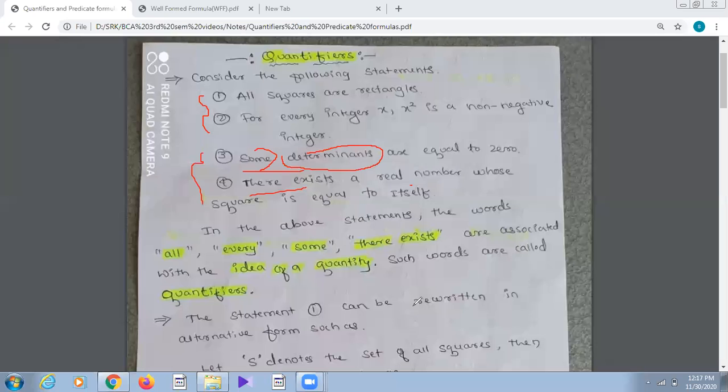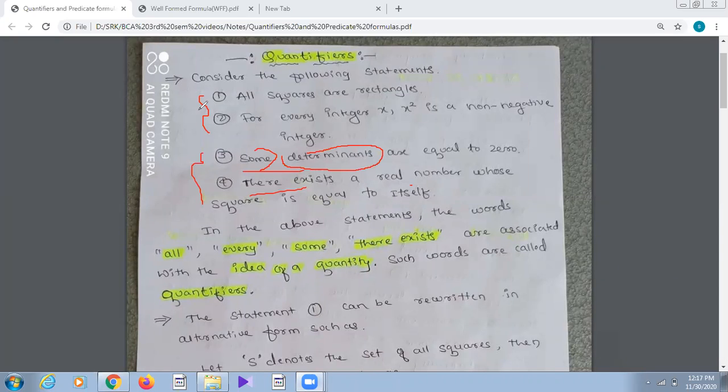So universal quantifiers tell about all the quantity, and these words, some and there exists, tell about some part of the quantity.